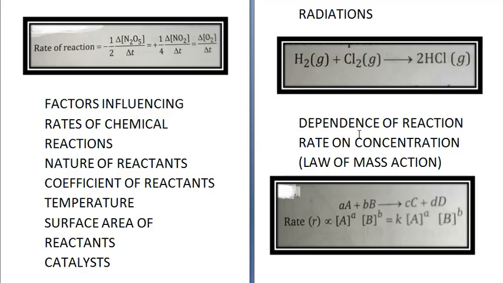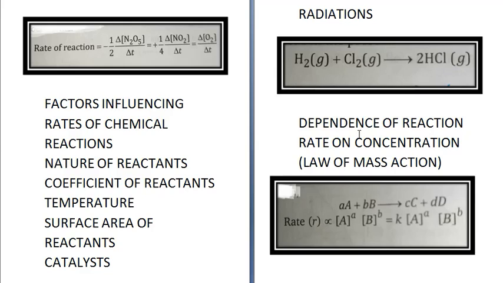Now, what is the meaning of this? Here they are trying to say that the molar concentration of reactant, which is also called the active mass, has to be raised to the power equal to the stoichiometric coefficient of the balanced equation.